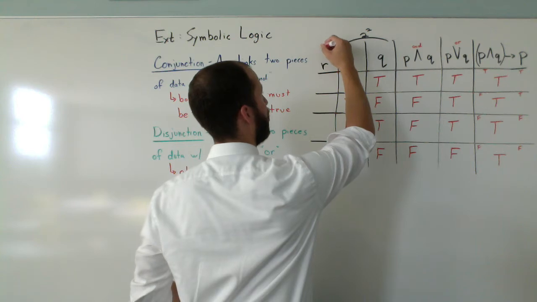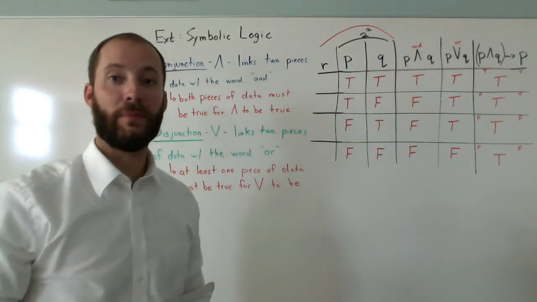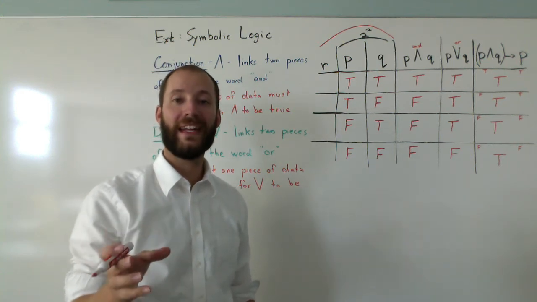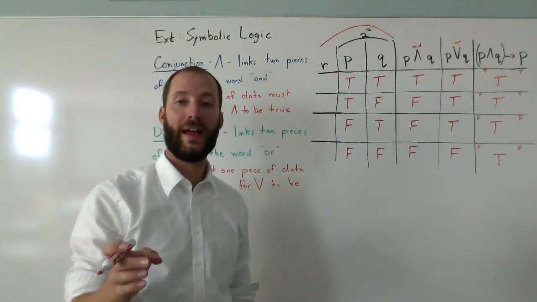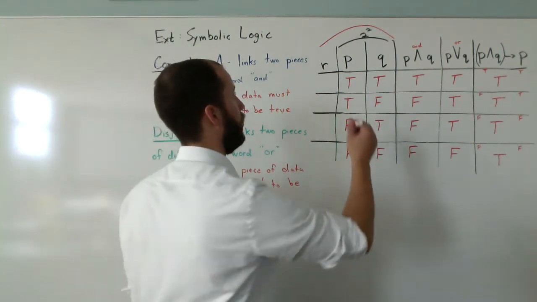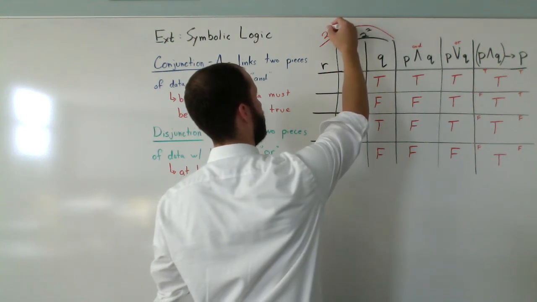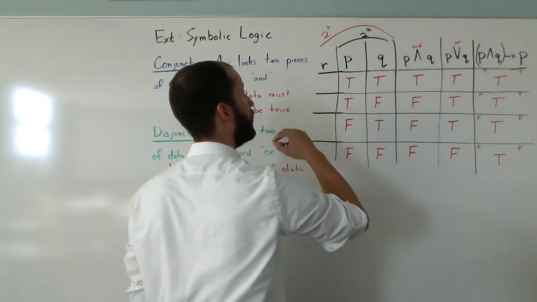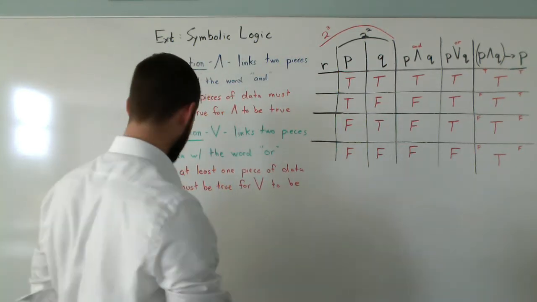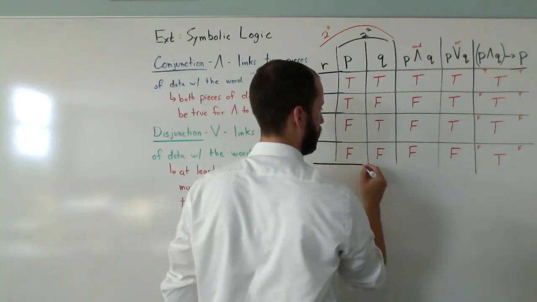Now if you have 3 data pieces, well, those 3 data pieces all have a true or false value to them. So you have a true or false value playing out 3 times. So we actually have 8 combinations total. So I need a few more rows.